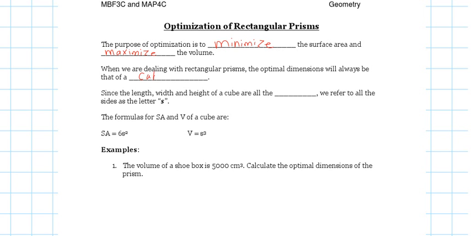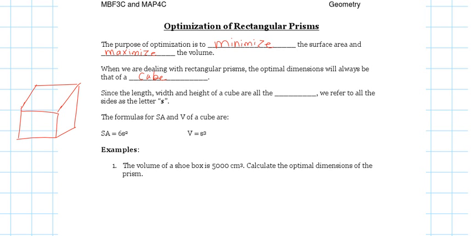Are you guys okay with this? All right. So when we're looking at a cube, eyes on the board for a second, please. When I'm looking at a cube, I won't have length, width, and height anymore, because the length, width, and height are all the same size. So do I need to use L, W, and H?